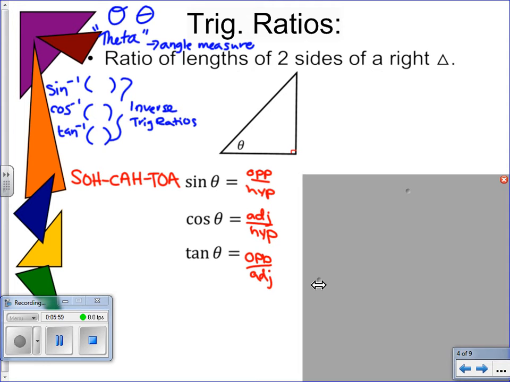So how do those words that you're using there, opposite, hypotenuse, adjacent, translate up to that right triangle picture that we have? Where we have our theta, we should label all three sides of this triangle in relation to this angle theta. It's always easy to identify which one is the hypotenuse because it's across from the right angle.